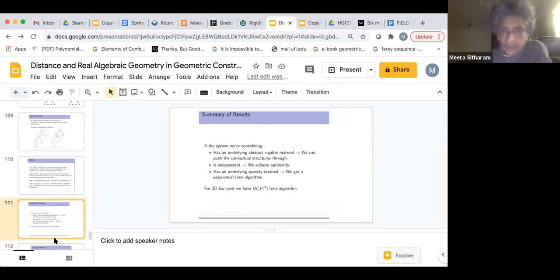So for this paper, I preferred to talk about the later algorithm, this top-down algorithm, first before we talk about the bottom-up algorithm, simply because it's a lot easier to understand. Okay. So the top-down algorithm works if there is an underlying abstract rigidity matroid.